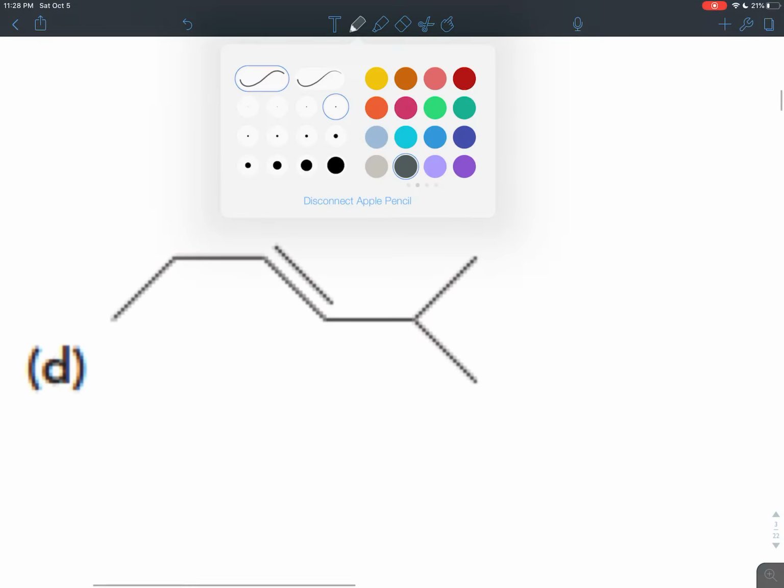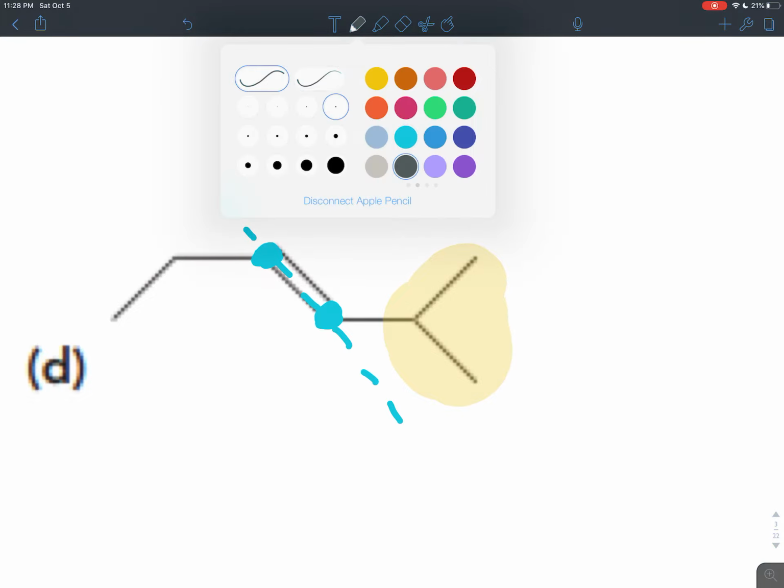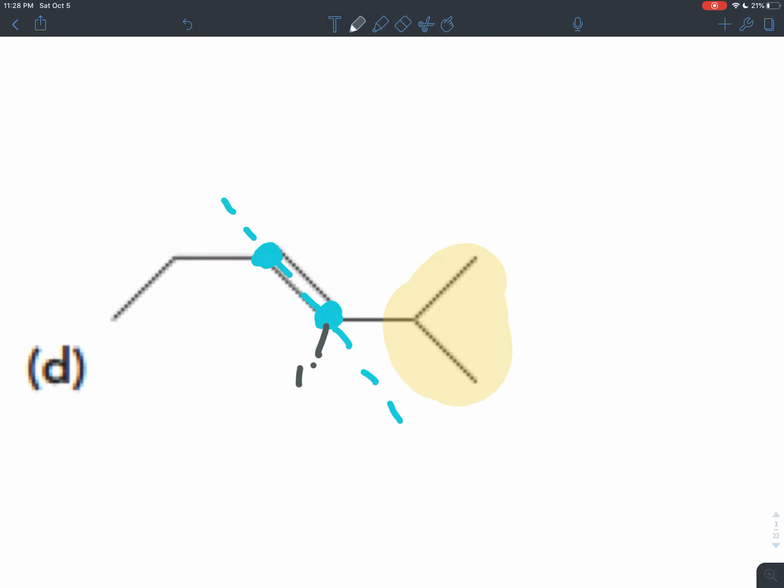So with D, we can follow that same procedure. We can draw a dotted line down the long end of that double bond. And we're looking for the same sort of group coming off of both of the carbons in that double bond. So on the carbon on the right, we have this sort of isopropyl group coming off, and the other thing coming off of that carbon is an invisible implied hydrogen.